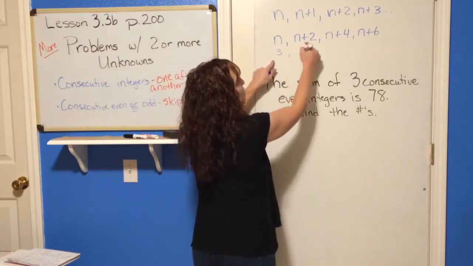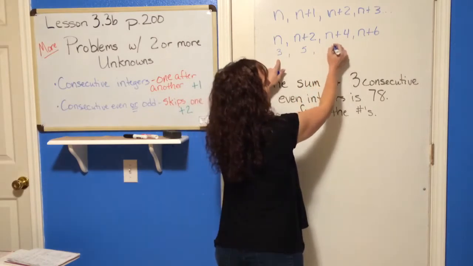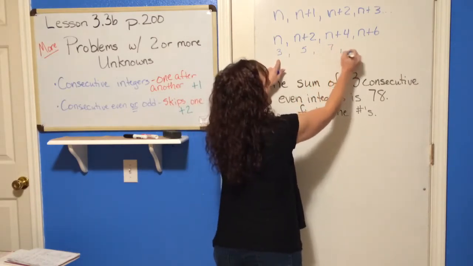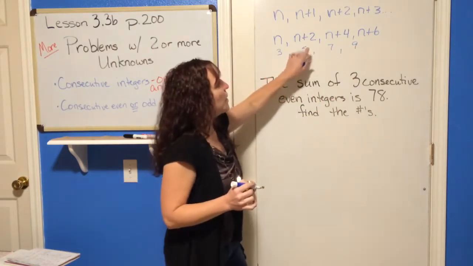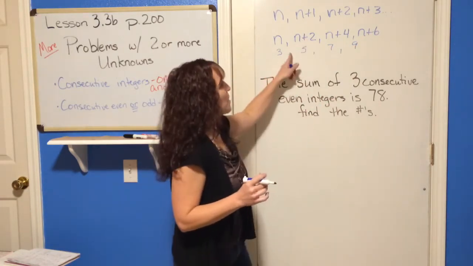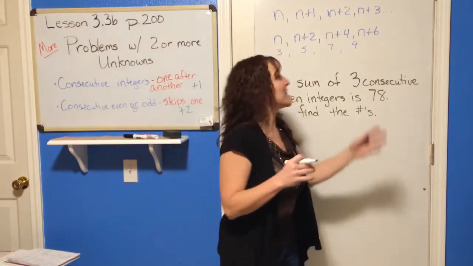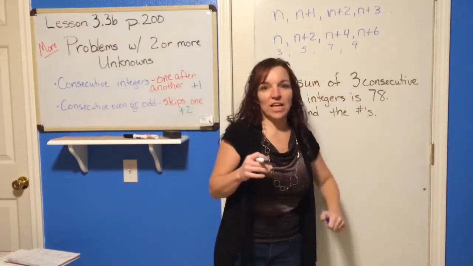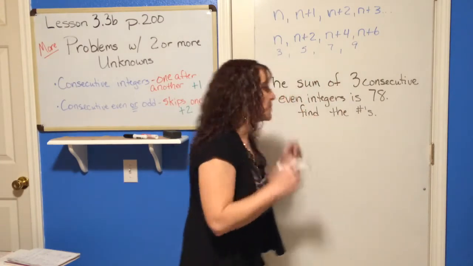So 3 plus 2 is 5, 3 plus 4 is 7, 3 plus 6 is 9. So do you see how if you add 2, you're actually skipping the even number and going to the odd. So even if you want consecutive odd, you still add 2 to each consecutive number, if you want evens or odds. All right.